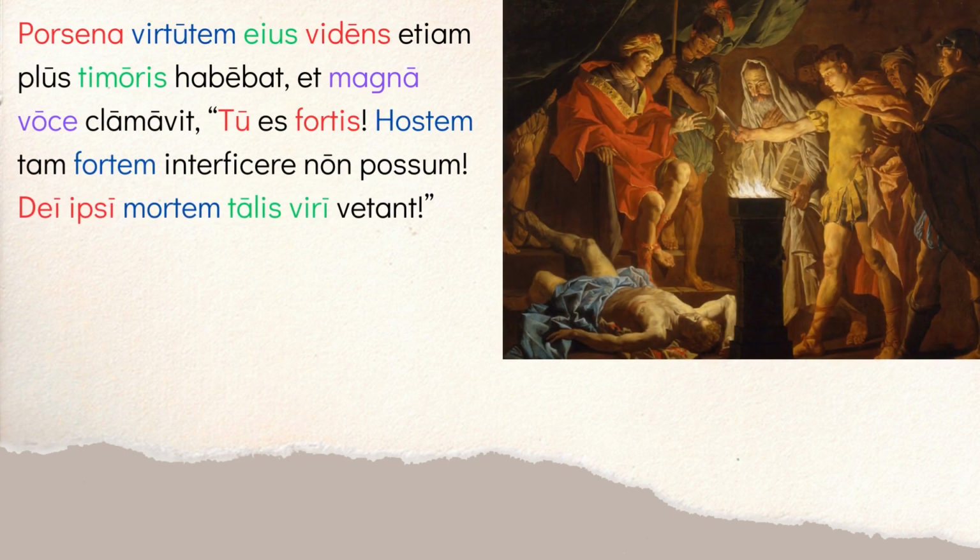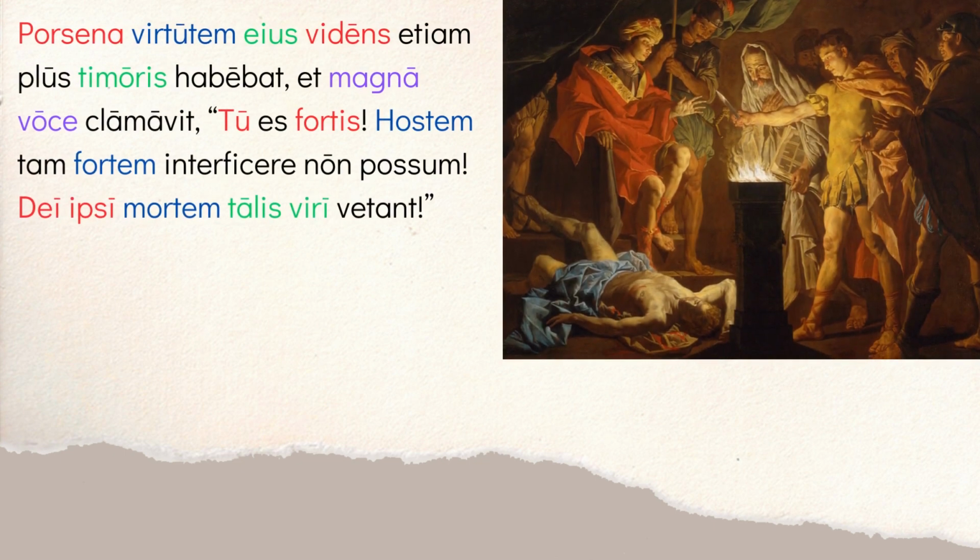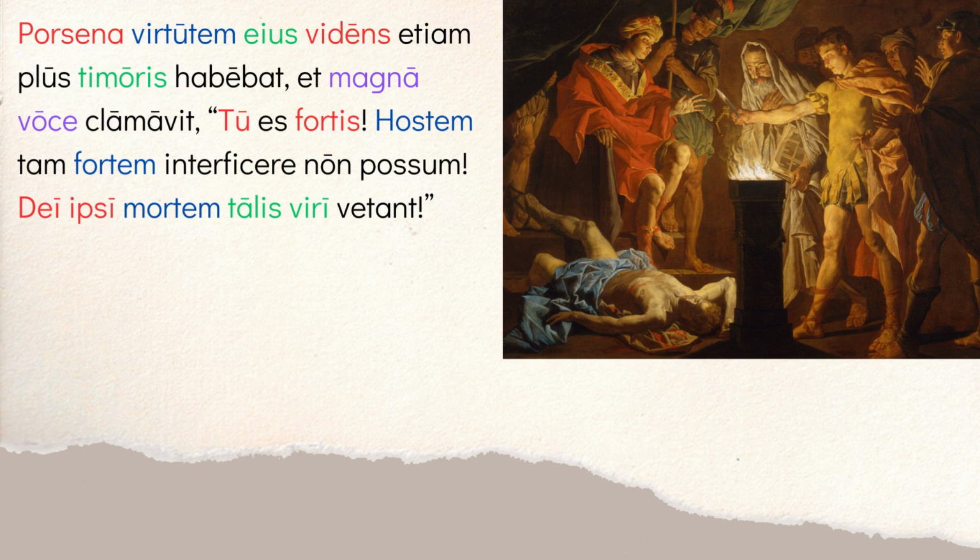Then you have Porsena, virtutem eos videns etiam plus timoris habebat et magna voce clamavit. Tu es fortis, hostem tam fortem interficere non possum, Dei ipsi mortem talis viri vetant. Okay, so Porsena, seeing his virtue, so the videns there is nominative singular, a present participle, right? You can tell by the ns ending.